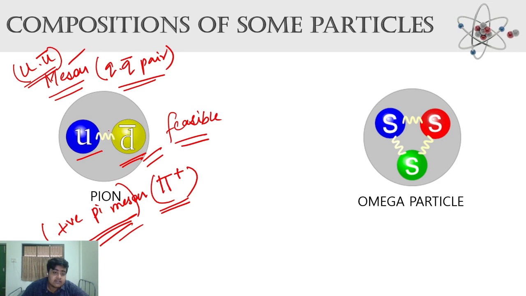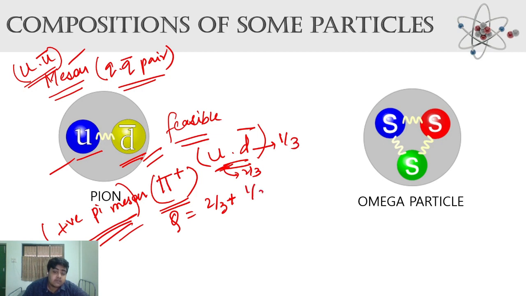It contains an up quark and the anti-quark of the down quark, as mentioned in the diagram. So calculating the charge, we have 2 by 3 for the up quark, and the down quark is minus 1 by 3, so the anti-quark will be plus 1 by 3. 2 by 3 plus 1 by 3 is 1. The charge is 1.